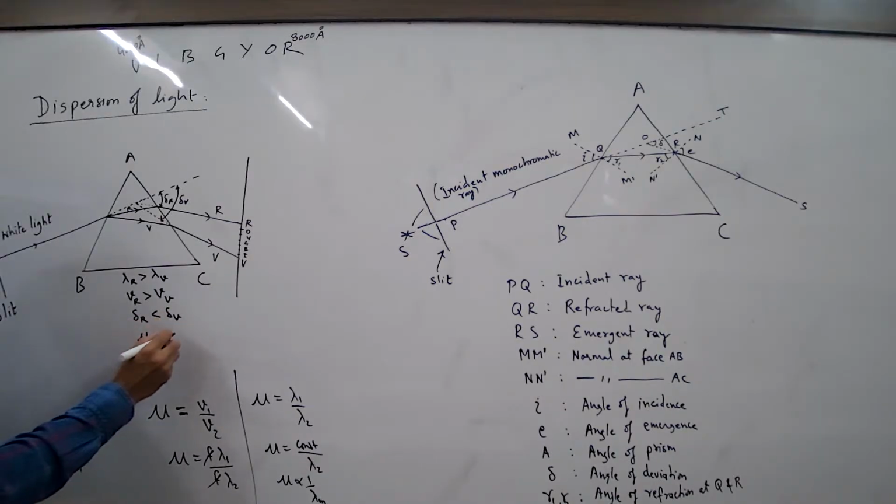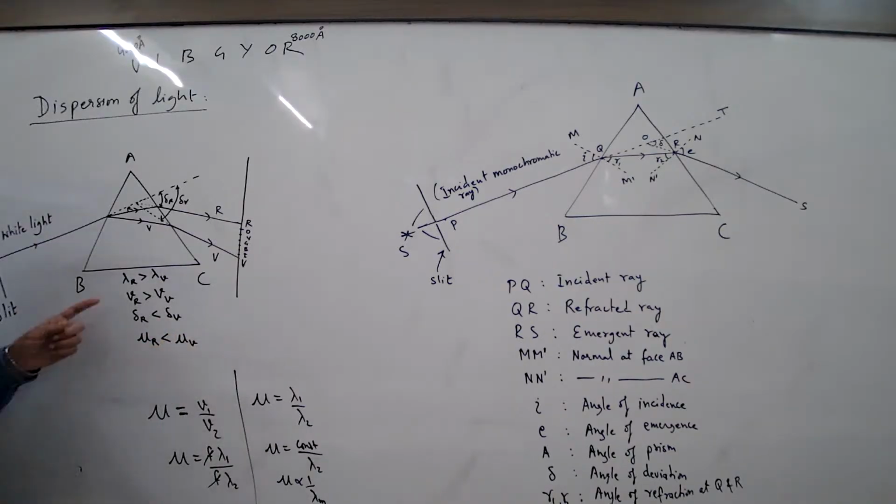So deviation and refractive index go together. So there are many logical questions basis these relations. So in numerical it is ND. MCQs में आता है ये relation based questions.